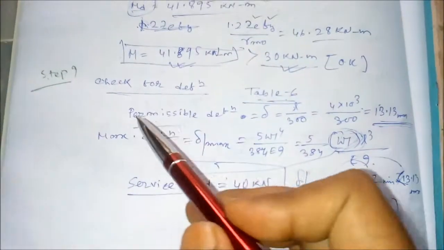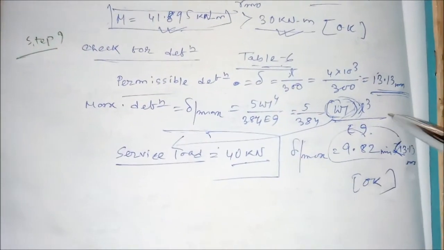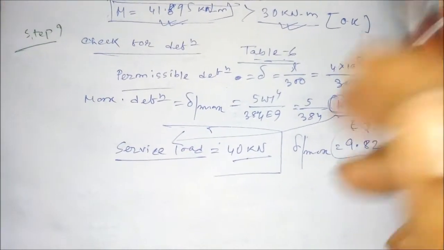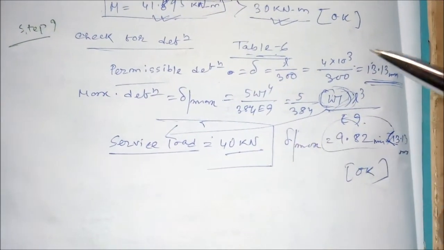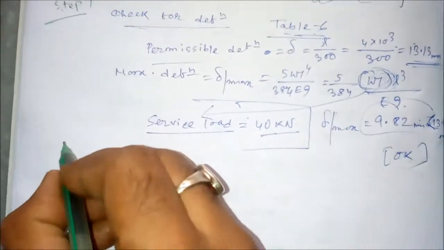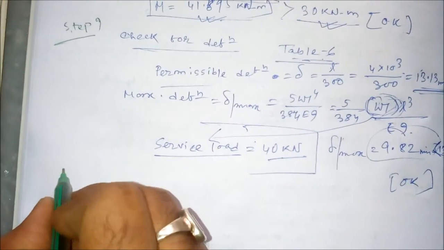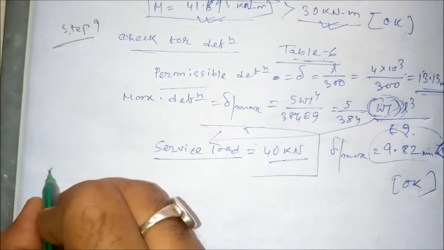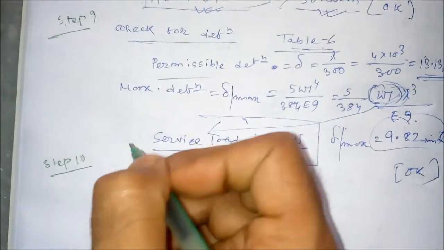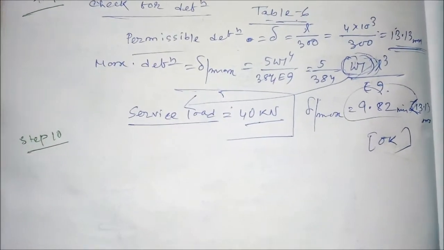Again, if this check for deflection is not working, if the deflection is coming higher than this value, we have to design again using a different section, right? After this there can be two checks. One is for web buckling, another one is for web crippling.